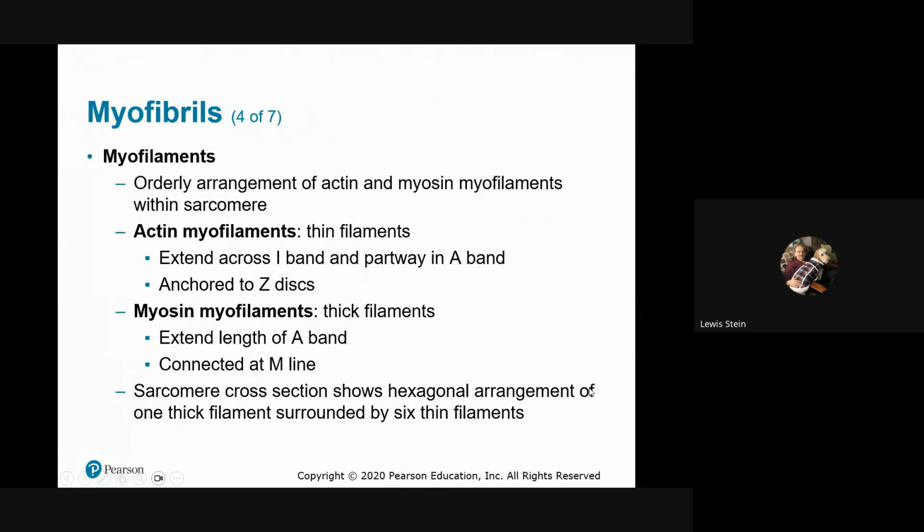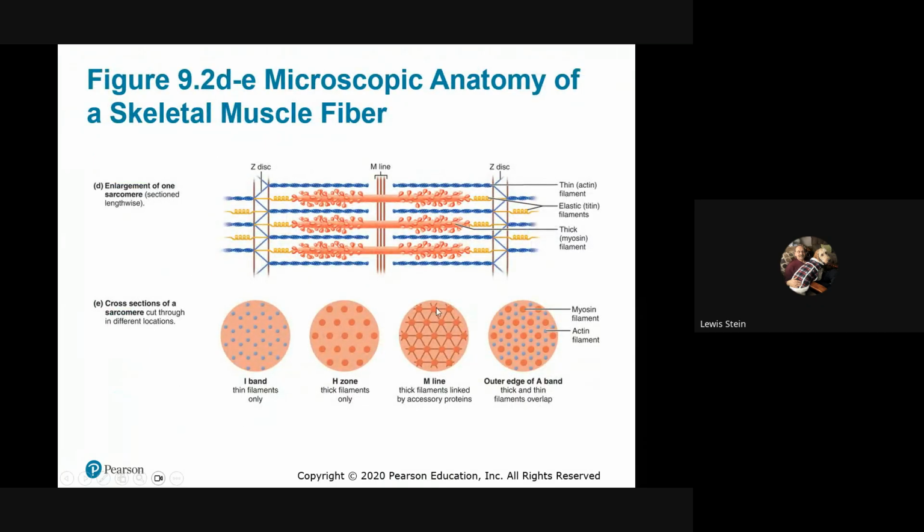And again, you're going to see the hexagonal arrangement I talked about. Take a look at this. These are the thick filaments, thick because there's a whole bundle of them, and thin because it's relatively thinner to look at, as you will see when we look at the ultrastructure.